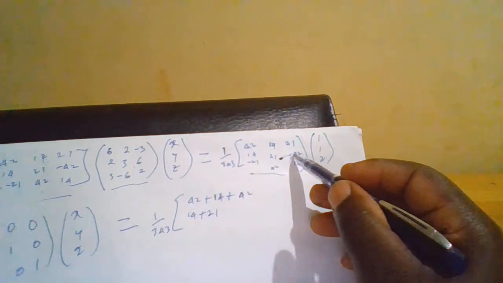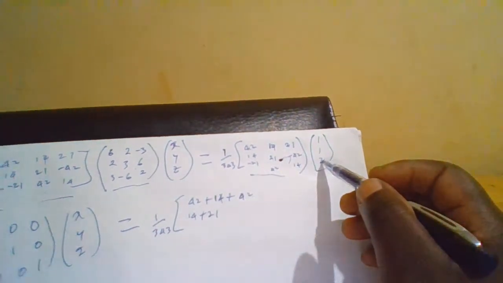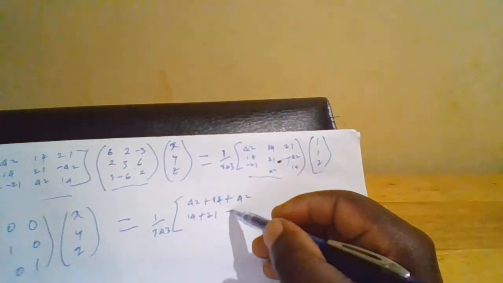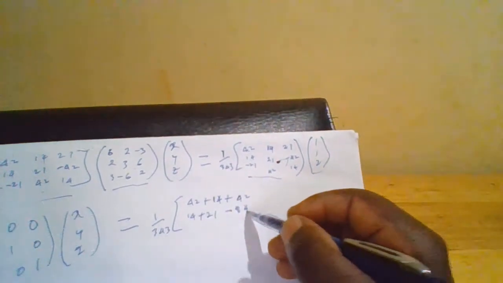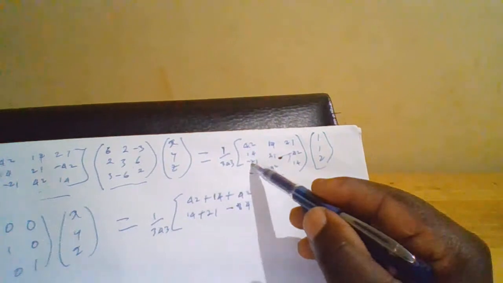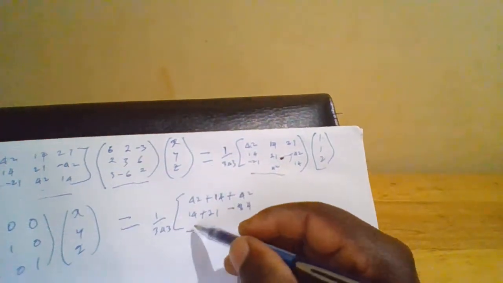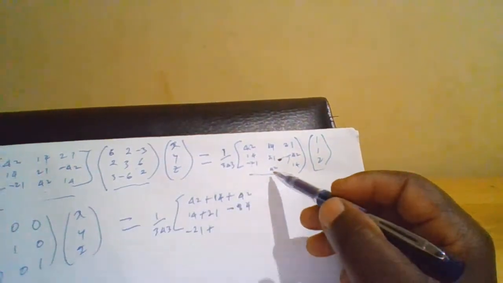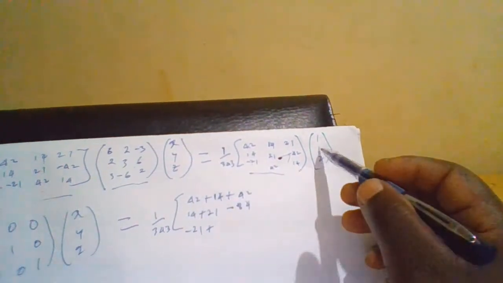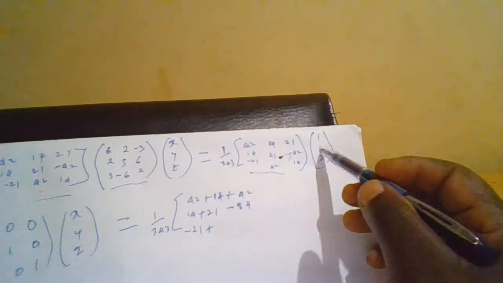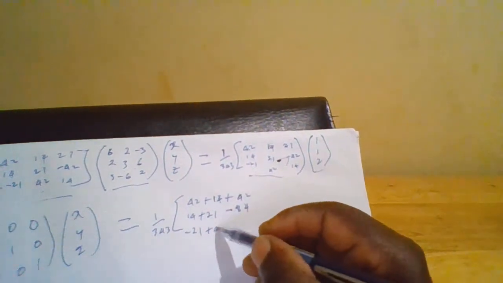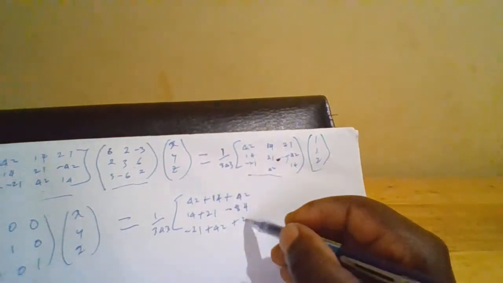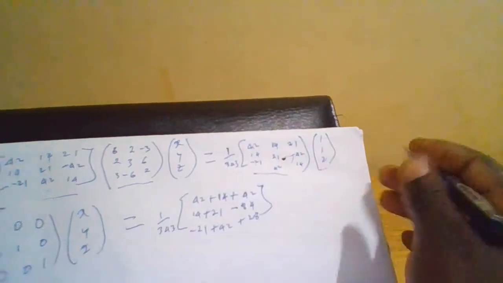Then we have negative 42 times 2, we have minus 84. Then negative 21 times 1, we have negative 21, plus 42 times 1, we have plus 42, then plus 14 times 2, we have 28.